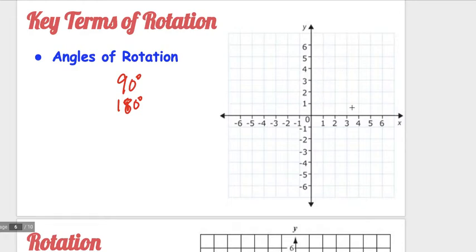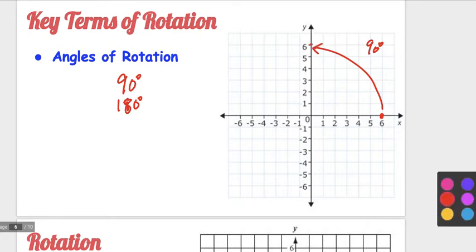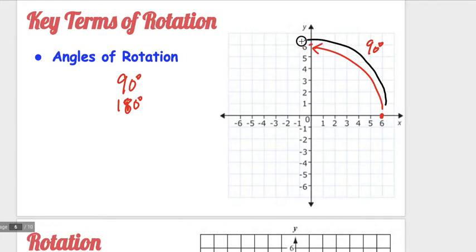For example, I have a point, let's say 60 here. If I rotate 90 degrees, as you can see, a quarter of the whole circle is 90 degrees. If I continue from this position, half of the circle is 180 degrees.